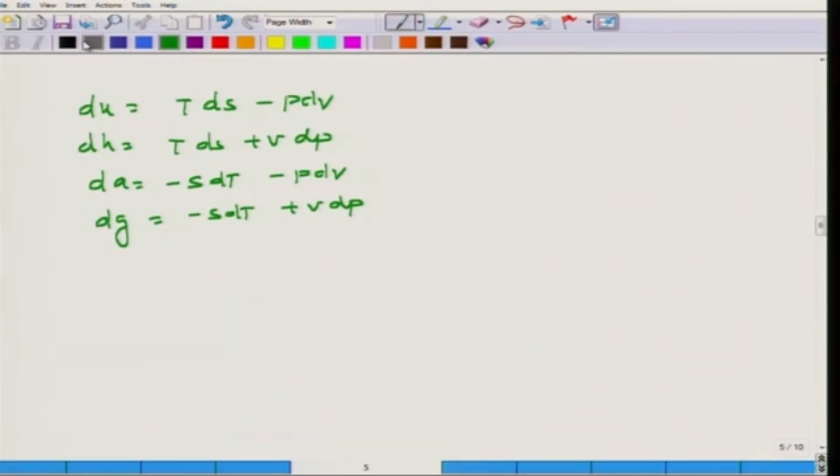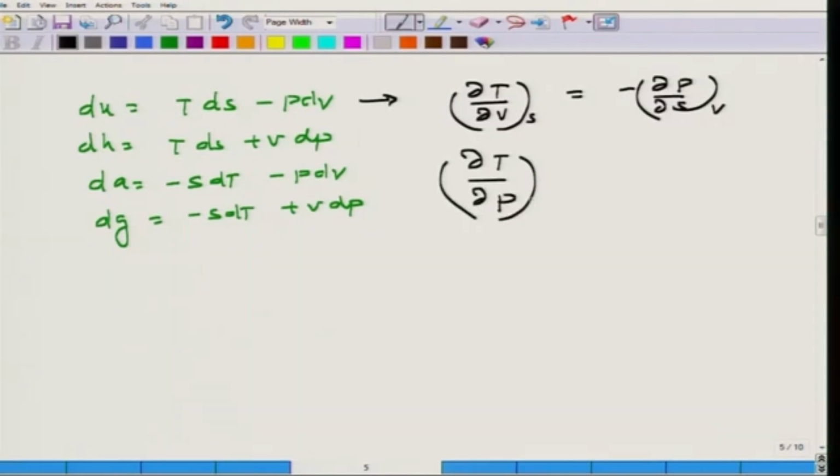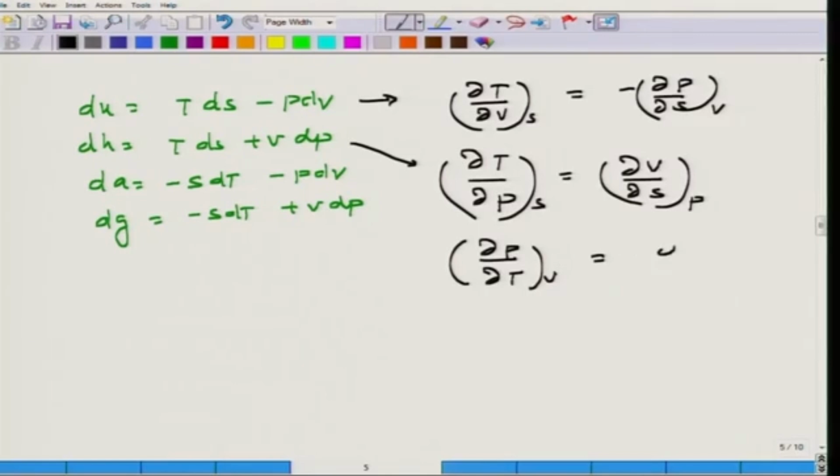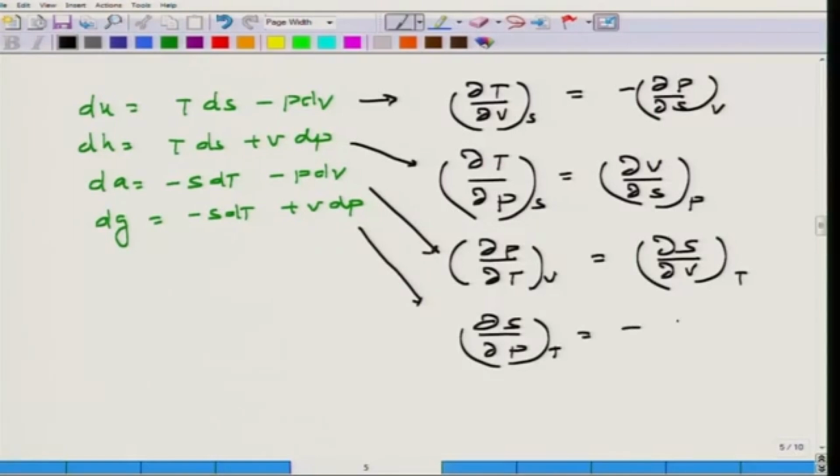So now making use of the exactness expression, here we can get del T by del V at constant S equals minus del P by del S at constant V. The next expression is del T by del P at constant S is del V by del S at constant P. The fourth expression is del P by del T at constant V equals del S by del V at constant T. And the last, del S by del P at constant T equals minus del V by del T at constant P.